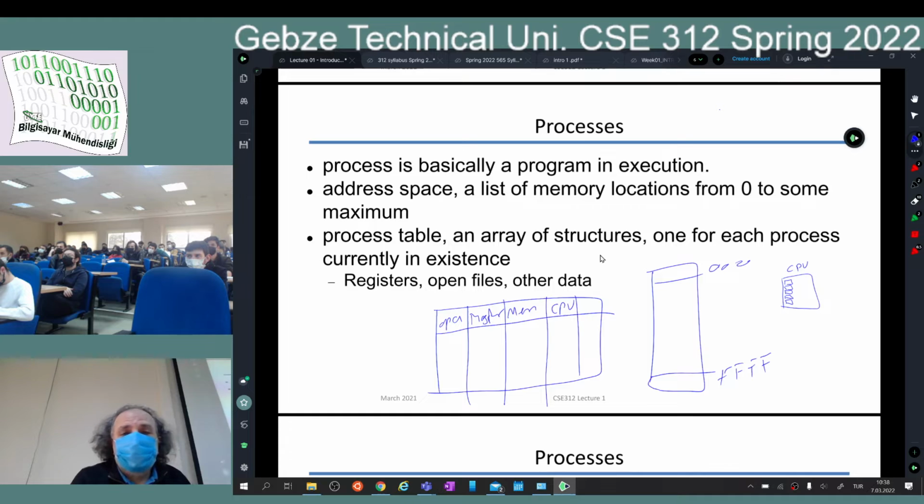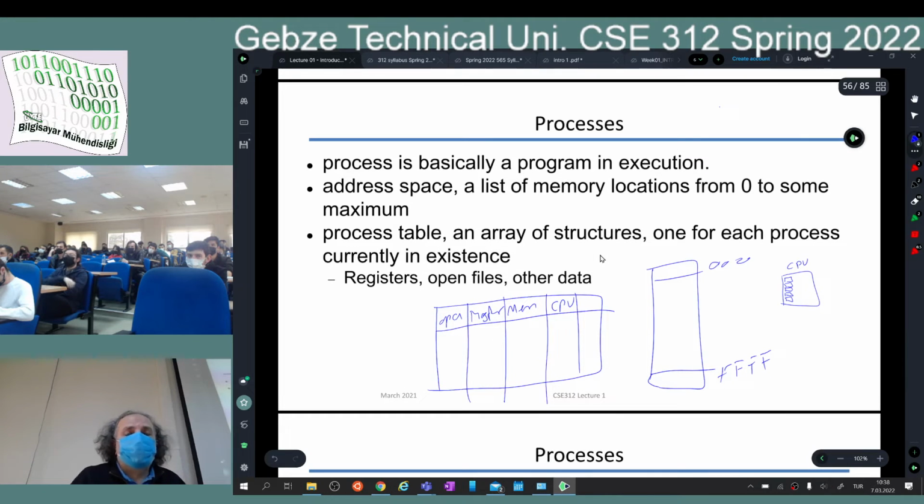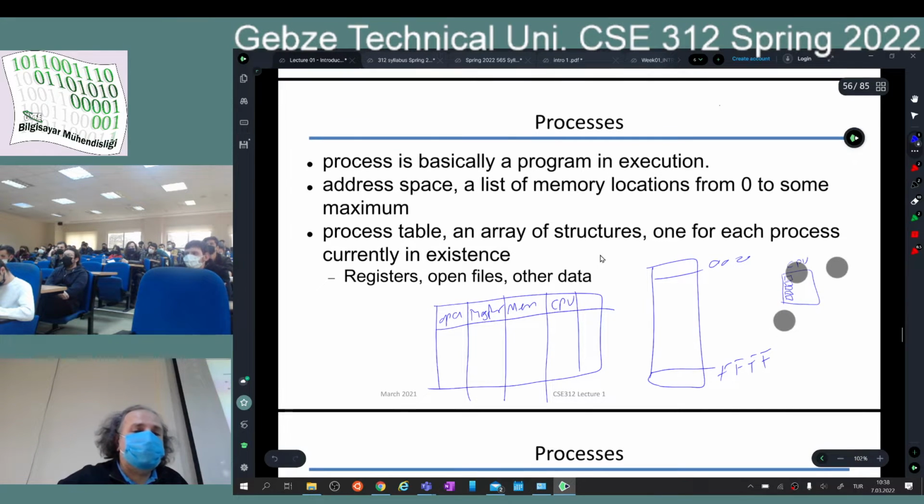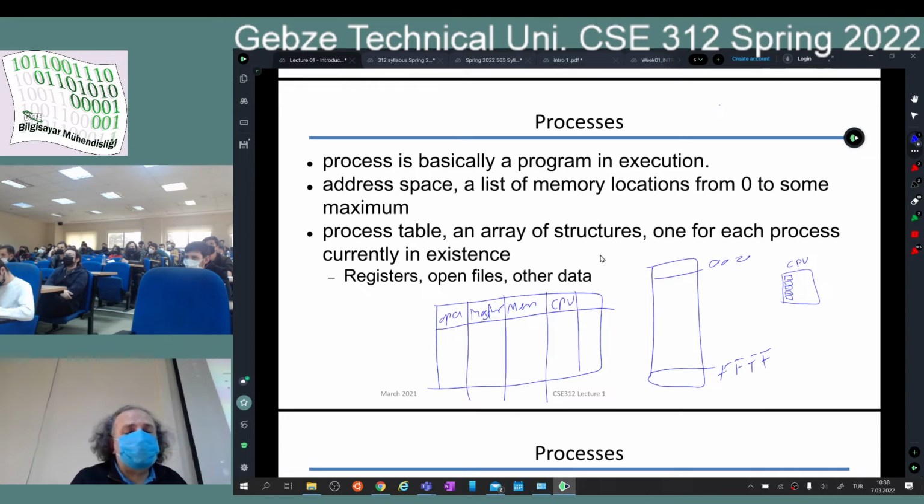What does that mean? How are you going to keep those registers inside your memory if these registers are fast and your memory is slow? Of course, I don't keep the exact copies. I keep them only when I am blocked. Remember, I have a single CPU. When my process is blocked, when it doesn't continue, I keep all of my data from the CPU in this process table, and it is safe.